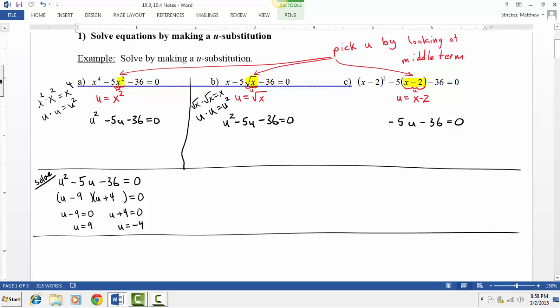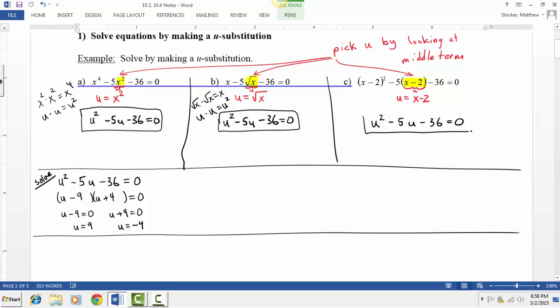So we have u squared minus 5u minus 36 again, and again, with the last problem, if u is x minus 2, then x minus 2 squared is the same as u squared. So all three of these equations, with a simple u substitution, actually get turned into the same quadratic equation in terms of u. And we already solved this equation.